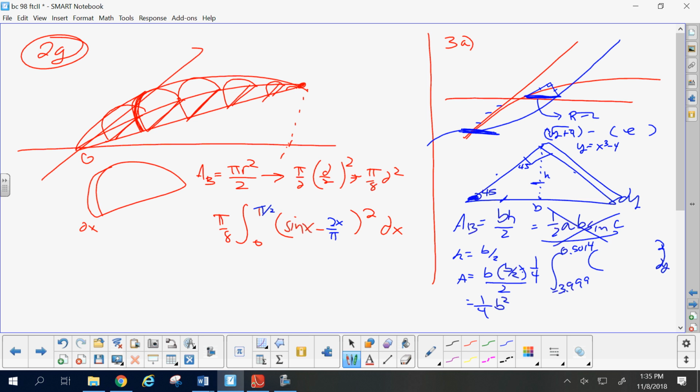So e to the y. So I'm feeling like this would be the square of the cube root of y plus 4 minus e to the y, that quantity all squared. I wrote that badly, but you get the idea. Cube root of y plus 4 minus e to the y, quantity squared dy.